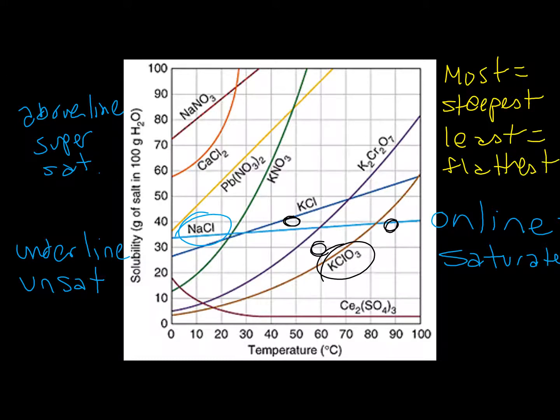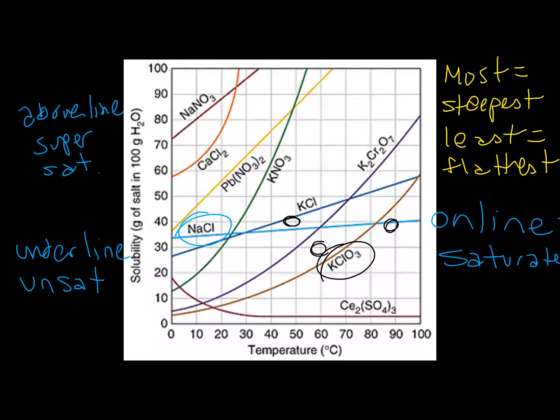So sodium chloride is the least affected by the change in temperature from 10 to 30 degrees Celsius because it's the flattest line there. The most affected from 10 to 30 degrees Celsius would be the one with the steepest line, which looks like it would probably be the potassium nitrate, the KNO3.